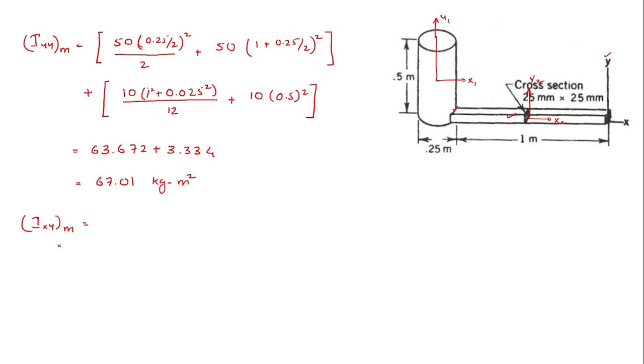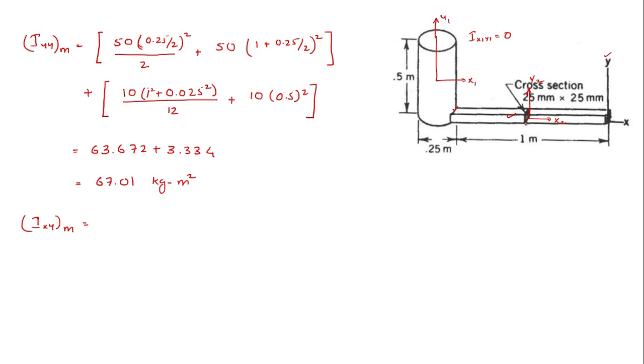You must remember one thing in mind. For this corresponding cylinder here, the product of inertia Ix1y1 will be 0, because x1 and y1 are both principal axes. So as such, Ix1y1 will be equal to 0.